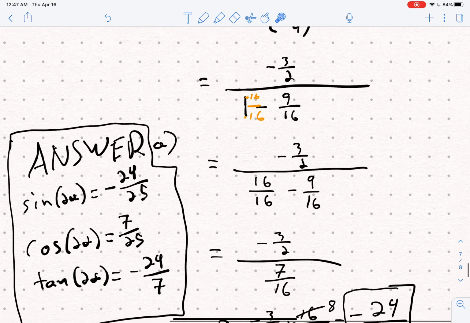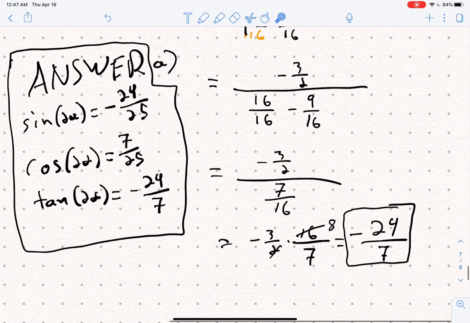We would have gotten to the same answer in fewer steps. So whether you wanted to use the double angle formula or whether you saw that you could do it that way, either way is fine with me, provided you got this answer. This is our answer to part A. These are the trig functions, 3 of the trig functions, sine, cosine, and tangent of this angle 2 alpha.